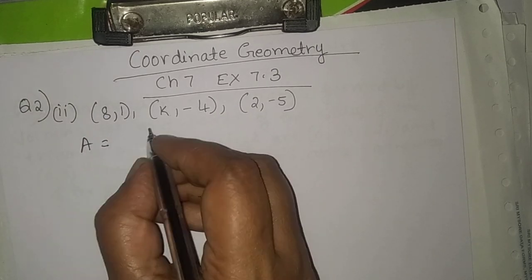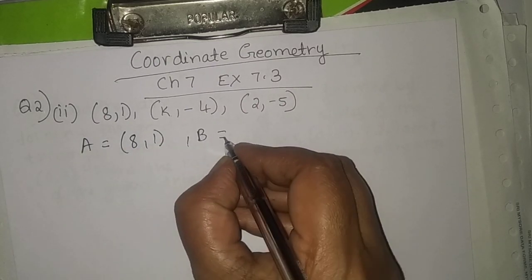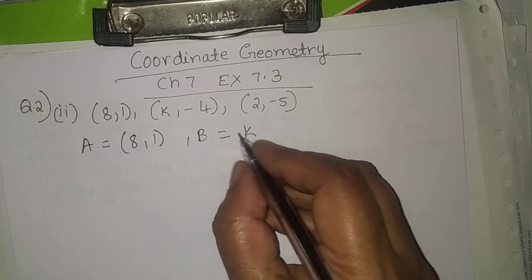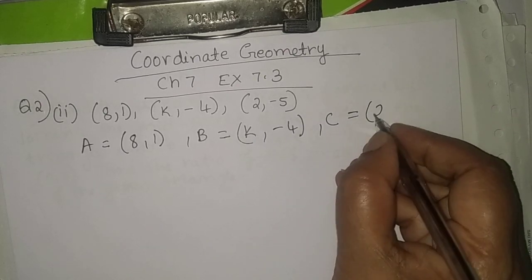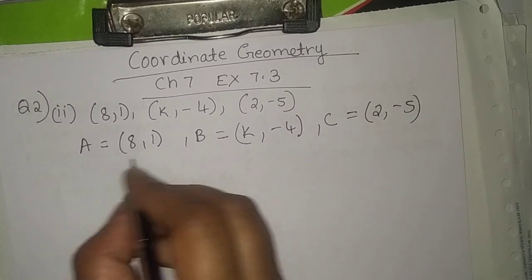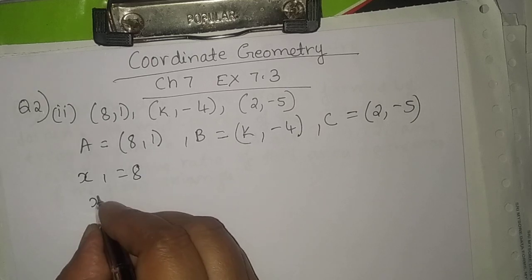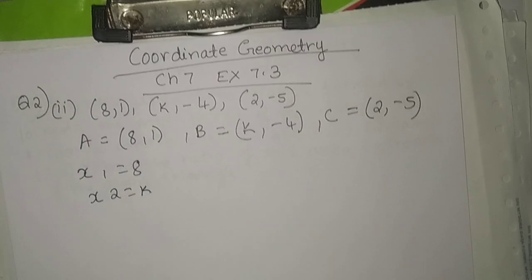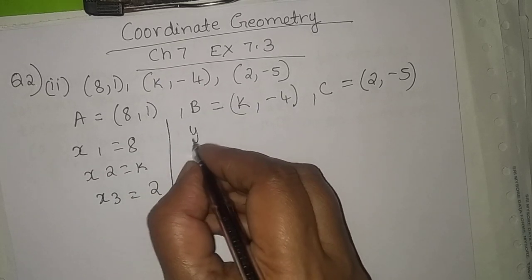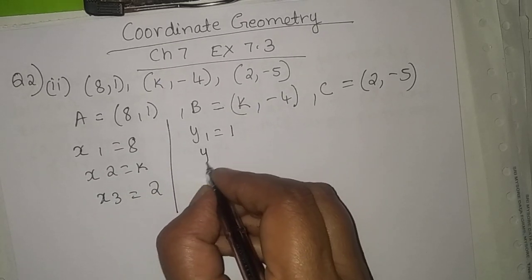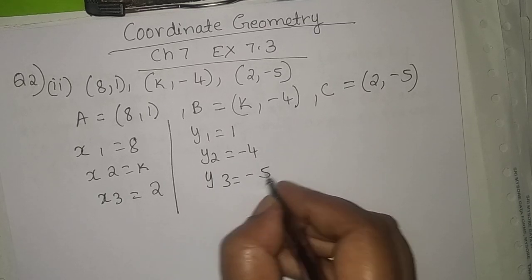The vertices are A (8, 1), B (k, -4) and C (2, -5). Then x1 is equal to 8, x2 is equal to k, x3 is equal to 2. Therefore y1 is equal to 1, y2 is equal to -4, y3 is equal to -5.